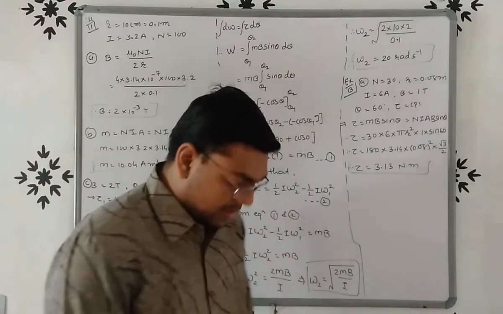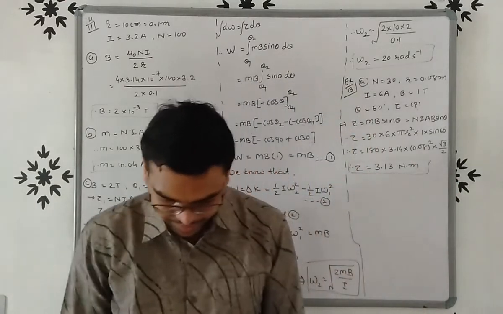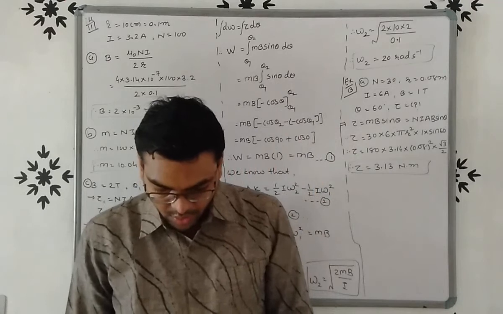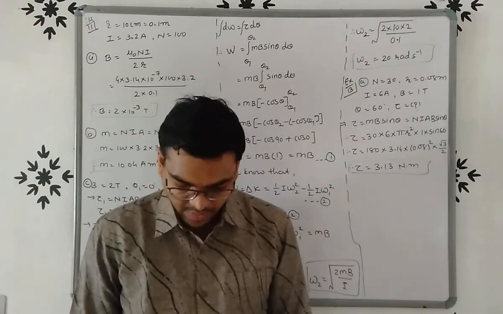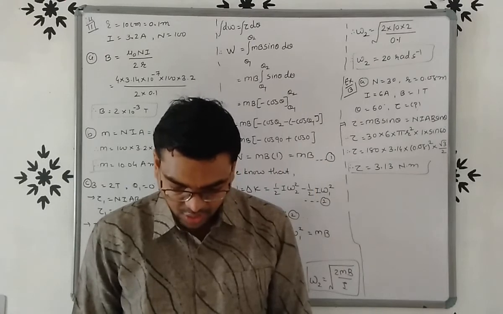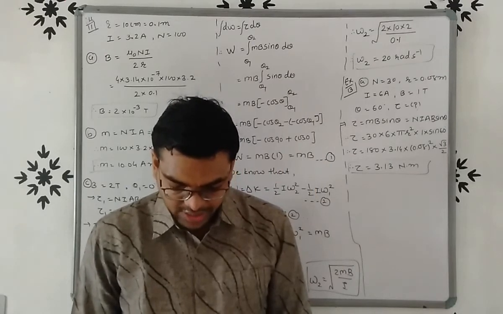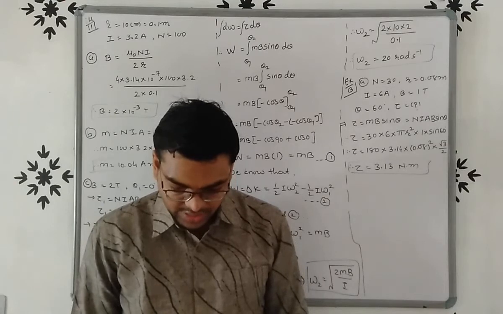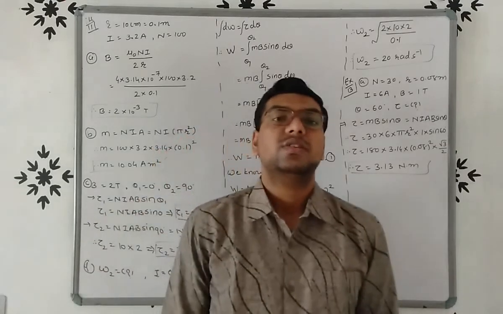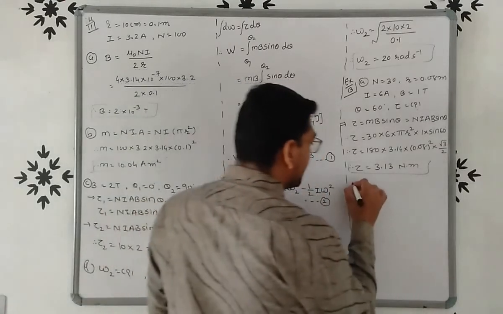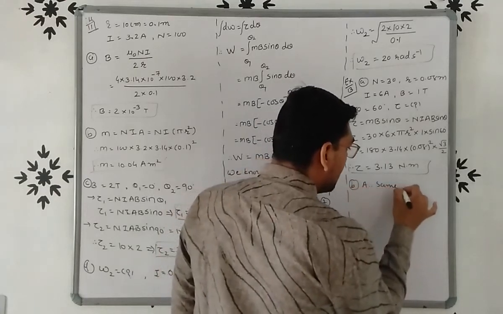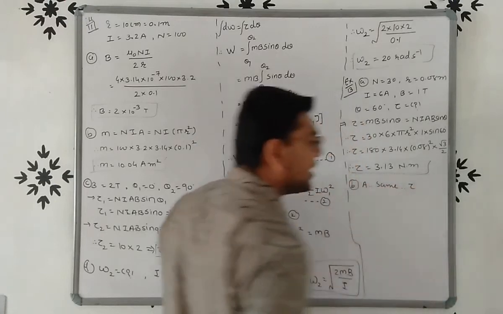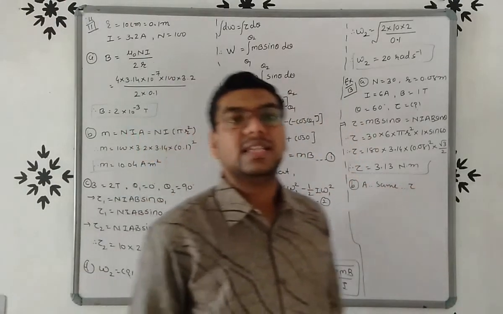Right? Now see the second case. Would your answer change if the circular coil in A were replaced by a planar coil of some irregular shape that encloses the same area? So here in the second case, the area will be the same. So is the torque changed or unchanged?